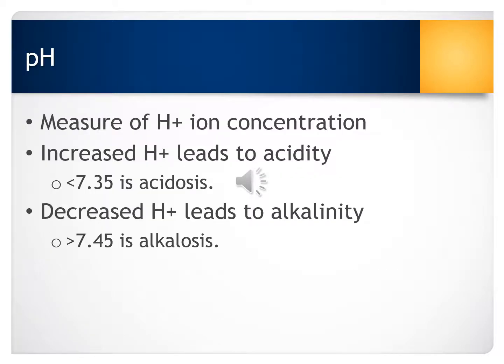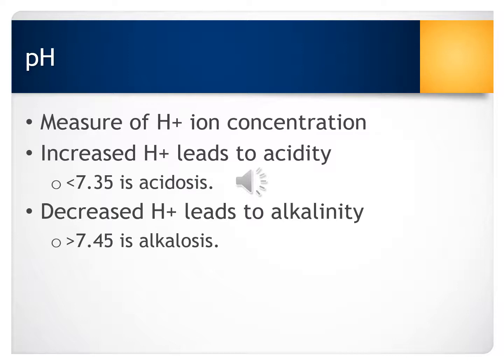The pH of your blood is very important in maintaining acid-base balance. The pH is a measurement of hydrogen ion concentration. If there are increased hydrogen ions, you will have acidity, meaning that your pH will be less than 7.35, and this is referred to as acidosis.